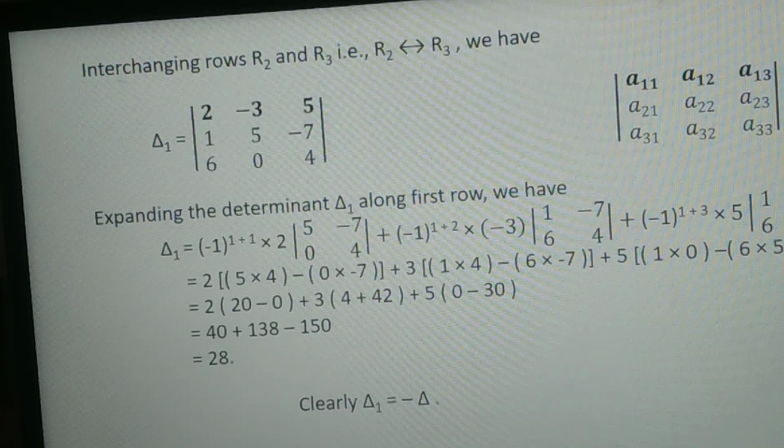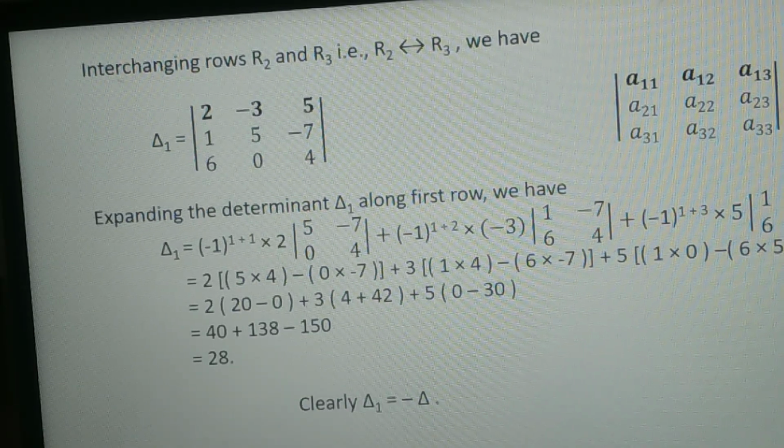Clearly delta 1 is equal to minus delta. Hence property 2 is verified.